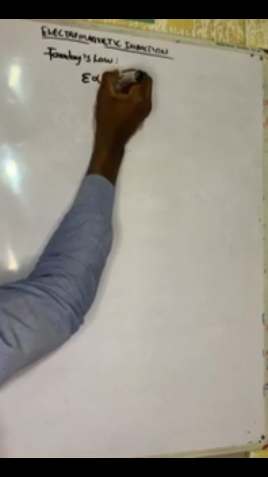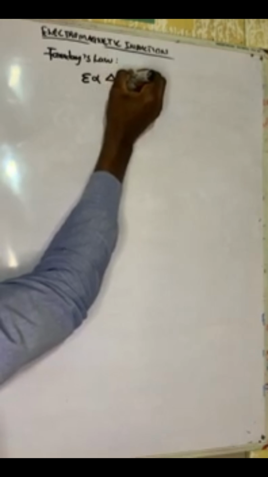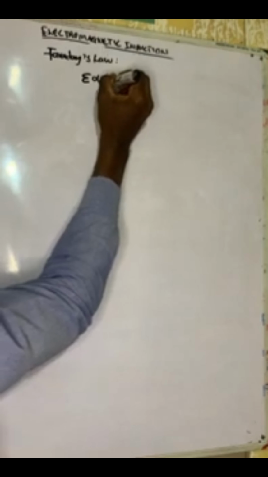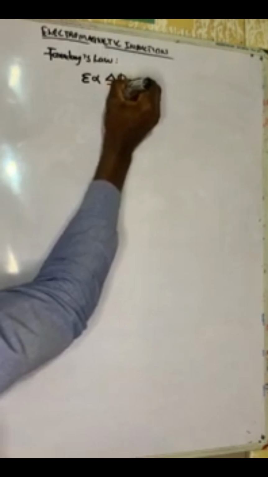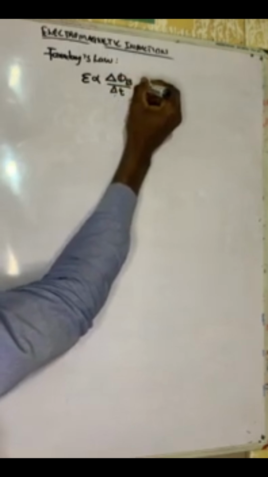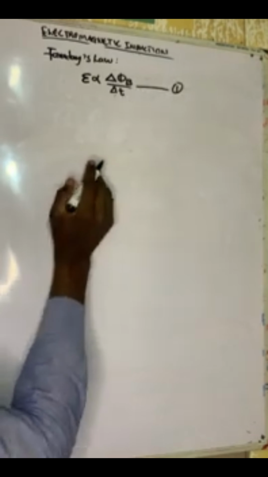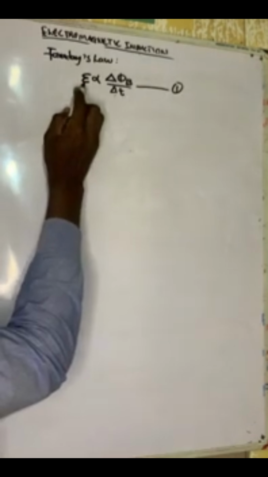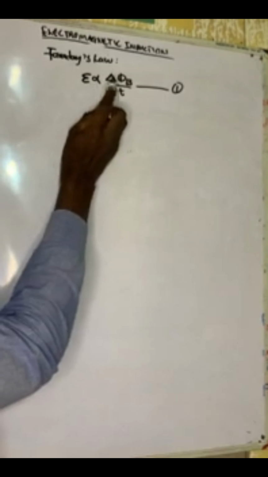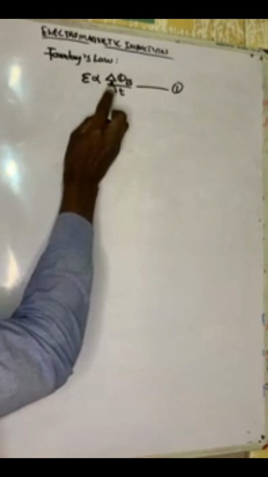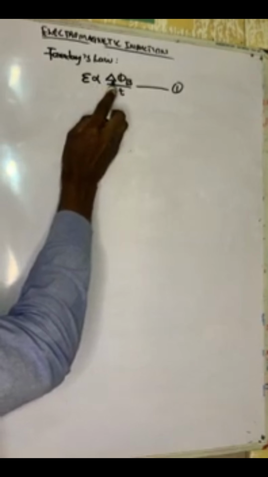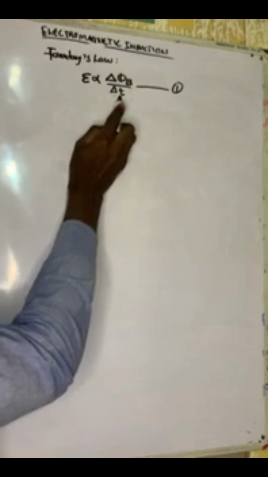The rate of change of magnetic flux means the change of magnetic flux with respect to change in time. So the induced EMF is directly proportional to the change of magnetic flux with respect to time.